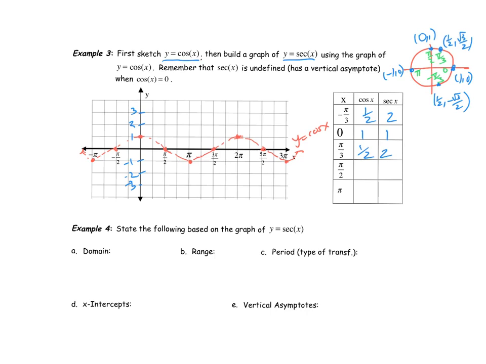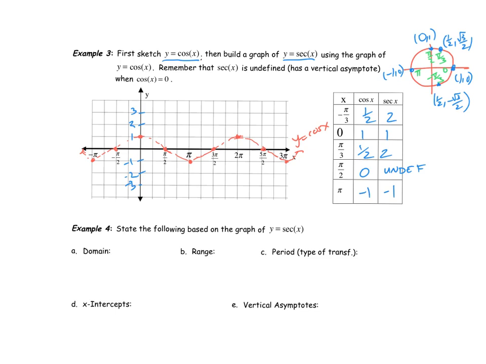Cosine of pi over 2, the x-coordinate on the unit circle, is 0. And that means the secant of pi over 2 is undefined because it would be 1 over 0. And cosine of pi, the x-coordinate on the unit circle, is negative 1 here. That means secant of pi is also negative 1.